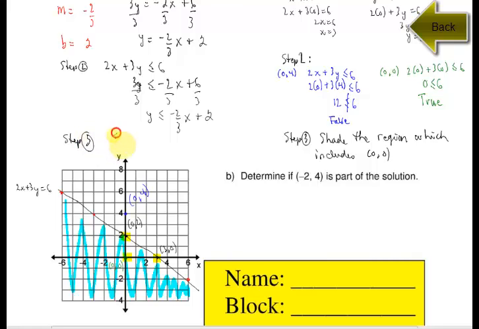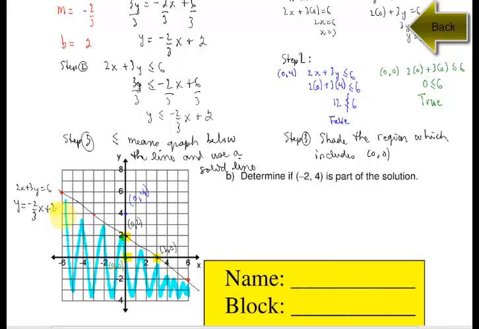Now our inequality is less than or equal to, so it means to graph below the line and use a solid line. And so we would get exactly the same graph. And if you are going to use method 1, you will label your line y equals negative 2 over 3x plus 2.